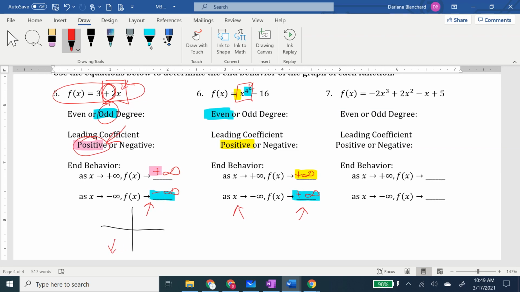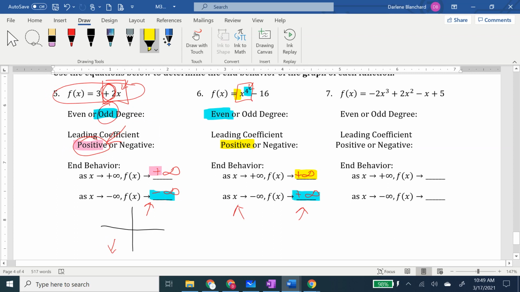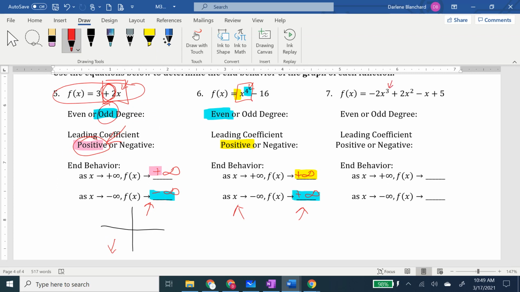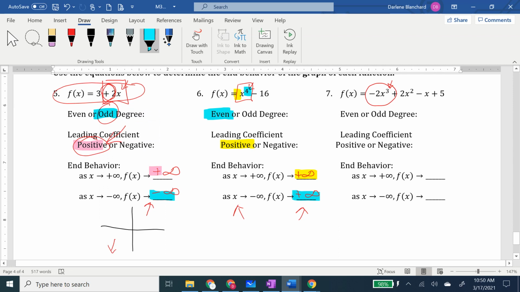And then number 7, last one. Look for your largest exponent, 3. Take the entire term. Let me keep my color coding. Okay, hold on, because we're almost done. This is an odd degree.